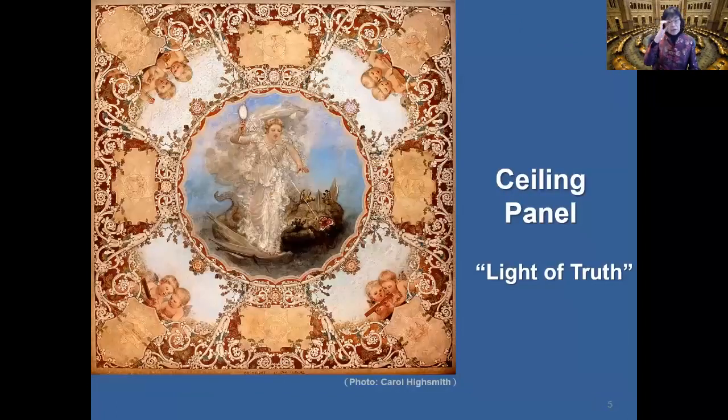They also have beautiful ceiling panels. For example, this particular one is called Light of Truth. See, this goddess is holding a mirror, and the light shining from the mirror goes down to this little guy here.